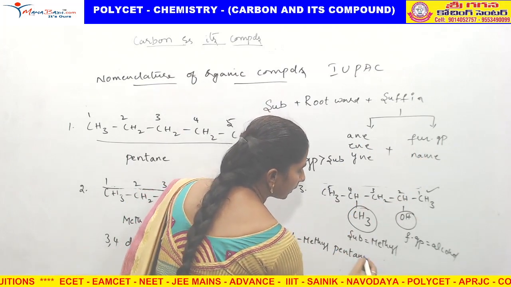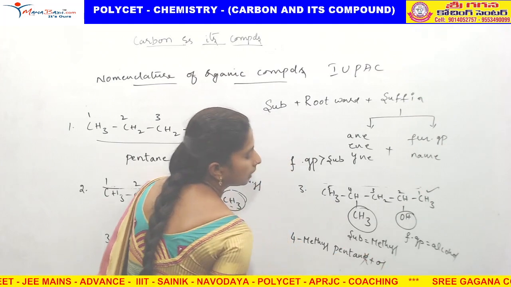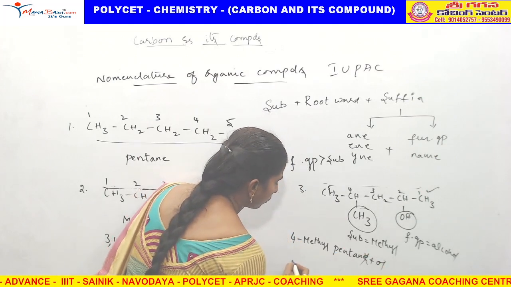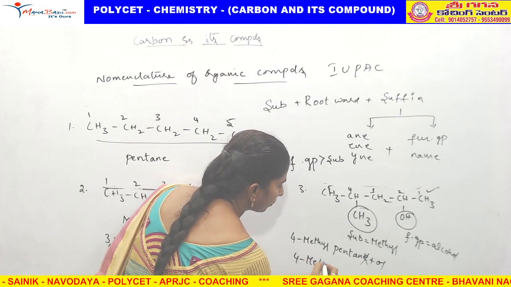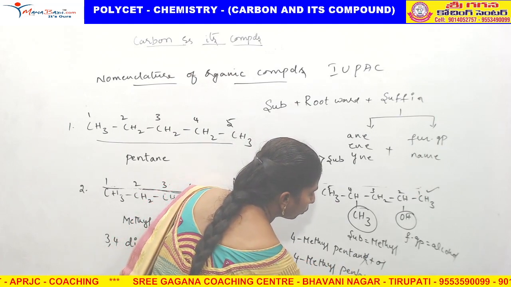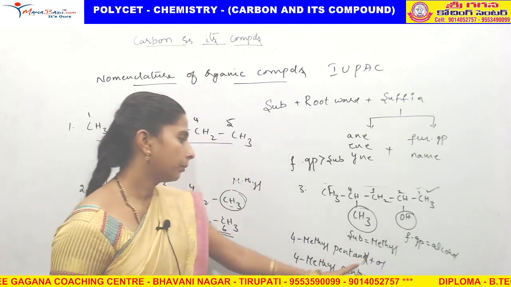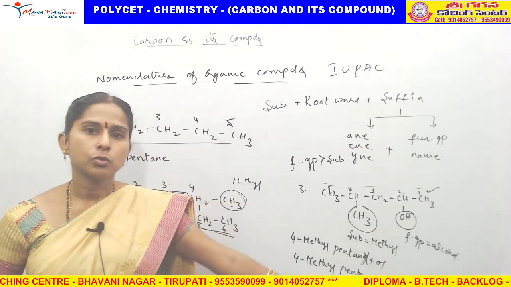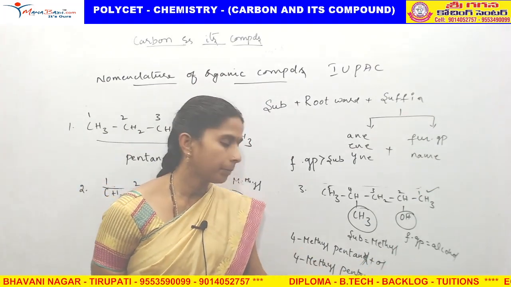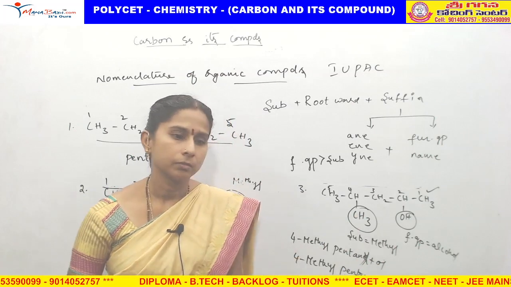So when we combine en plus ol, the e gets cancelled, because two are vowels only, no? So we write 4-methylpentanol. This is the name of this compound.